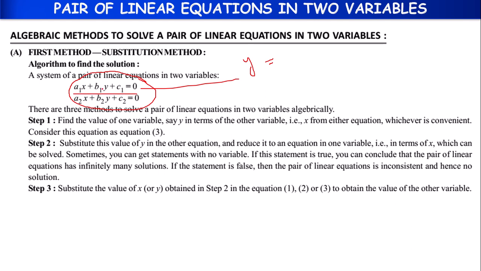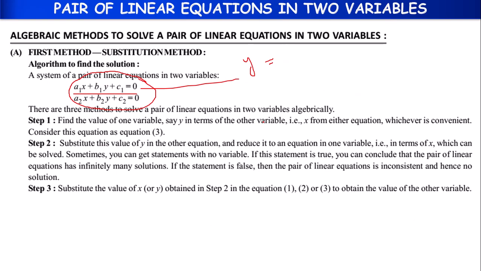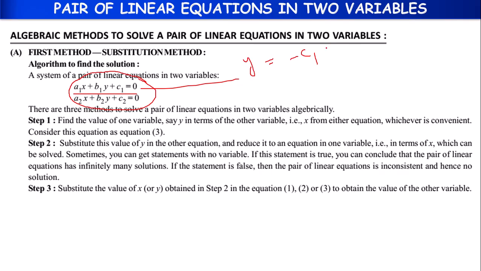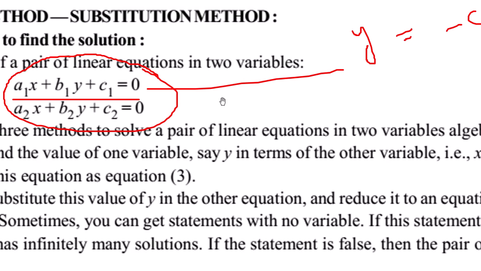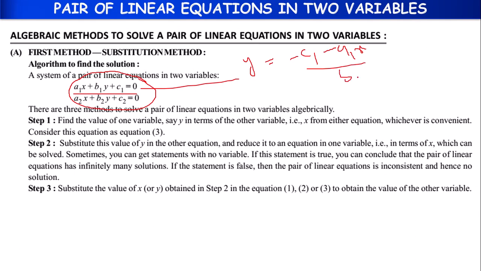If you want to isolate y, from here, we can take plus c1 that side. It will become minus c1. Next, we can take a1x that side. It will become minus a1x. Next, we will take b1 that side. It will become divided by b1.